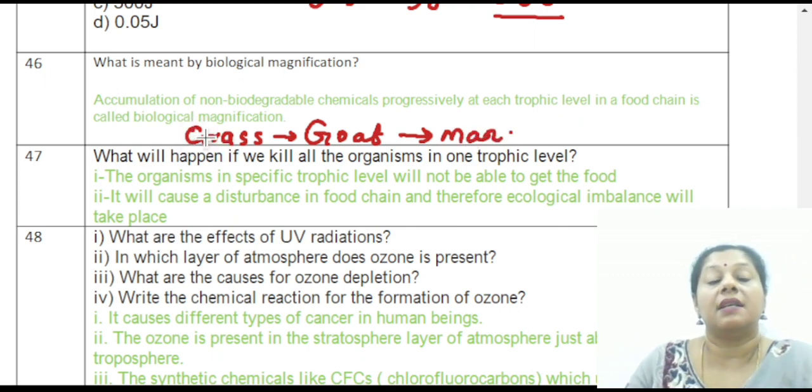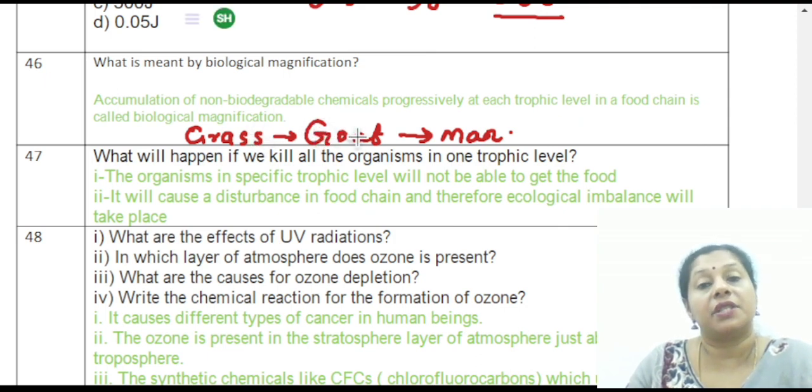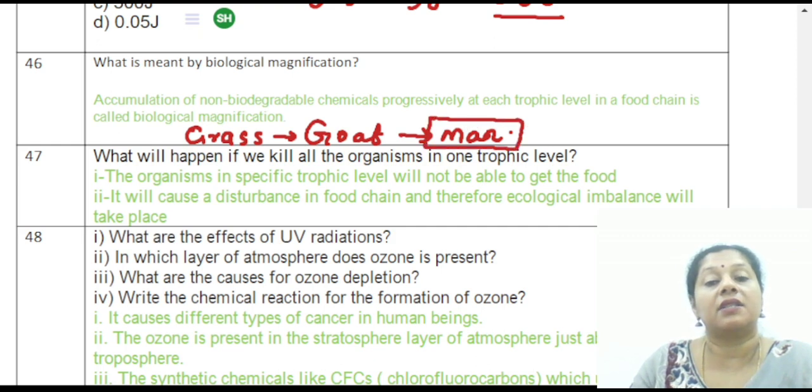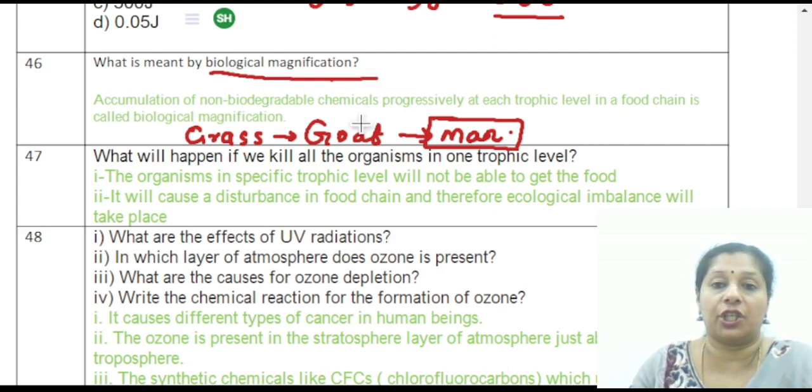Suppose grass is accumulating some non-biodegradable chemical, it can pass on to the goat and its concentration will increase in the body of the goat. Then from goat, when it comes to man, its concentration will be higher again. So always the organism at the last trophic level will have the highest concentration of chemicals. This process is called biological magnification.